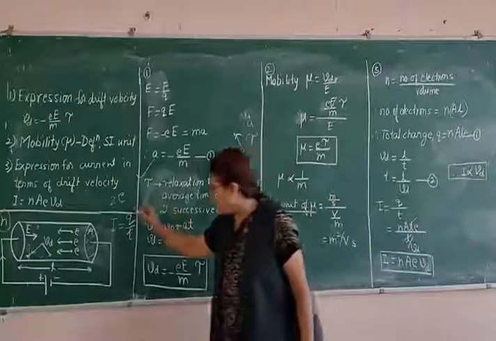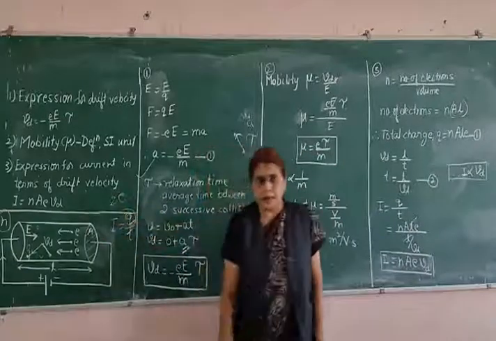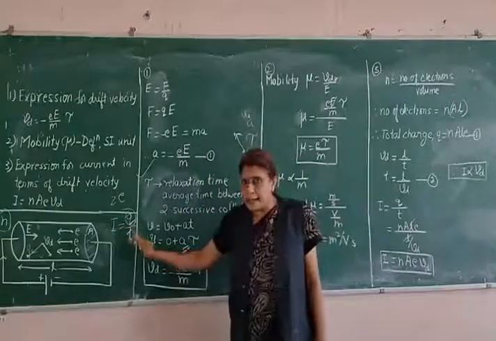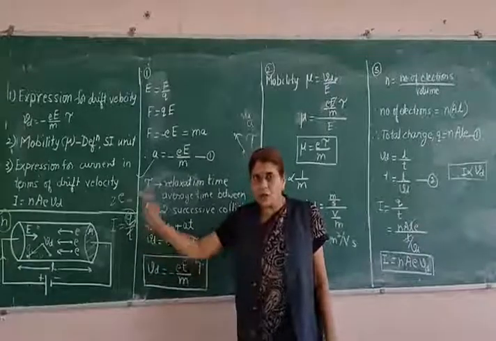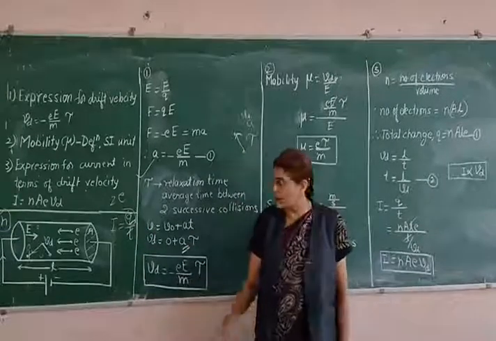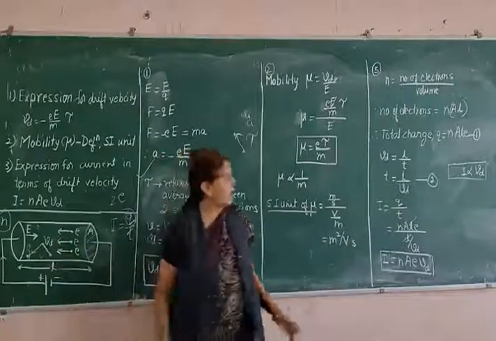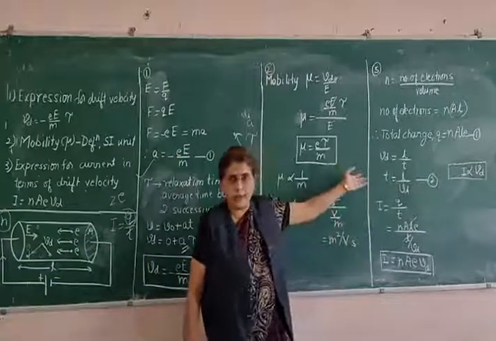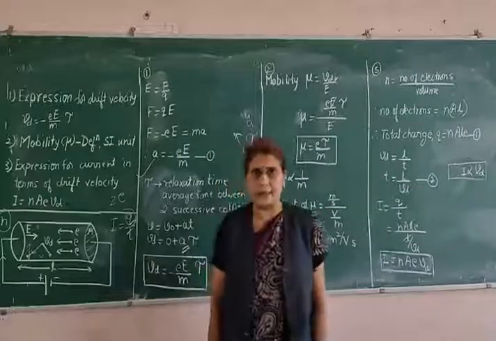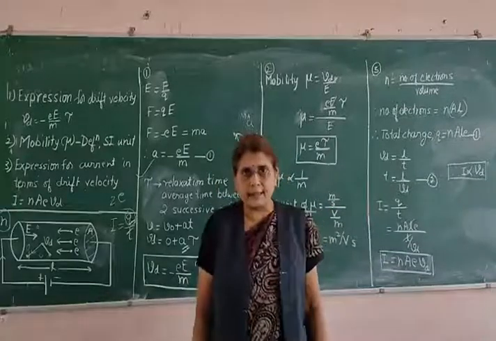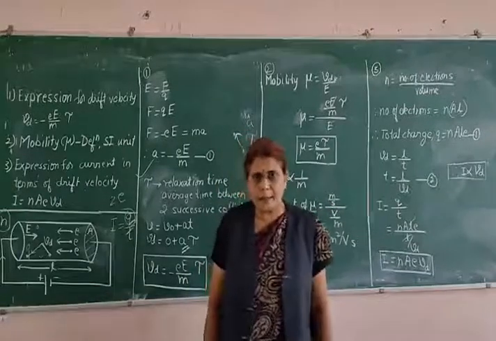So I got the value of the numerator Q. Now I want to find out how much time this charge requires to cross the conductor. These electrons, we have seen, move with a drift velocity vd. Let us use the simple definition of velocity which we learned last year. Velocity is rate of change of displacement.